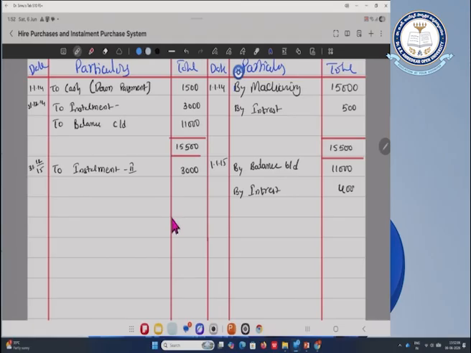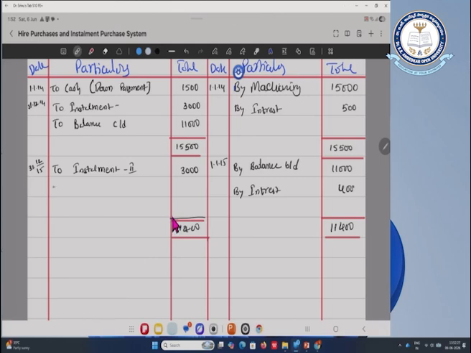3000 they paid. Okay. Total amount how much? Which side is more? 11,400, credit side is more. So, you can write 11,400.